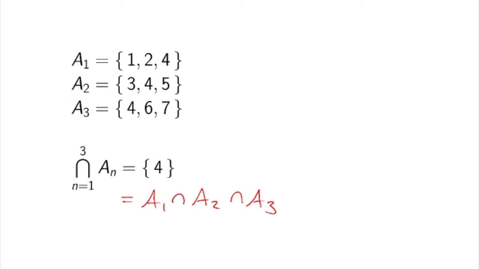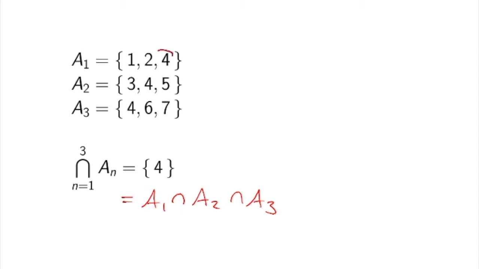So the intersection of An from n equals 1 to 3 means A1 intersection A2 intersection A3.